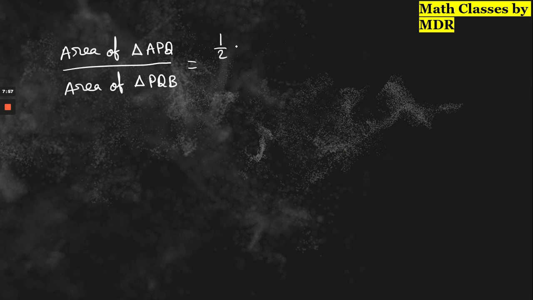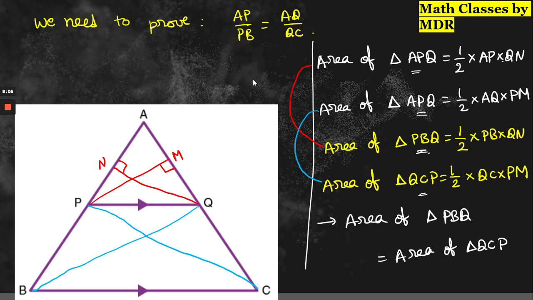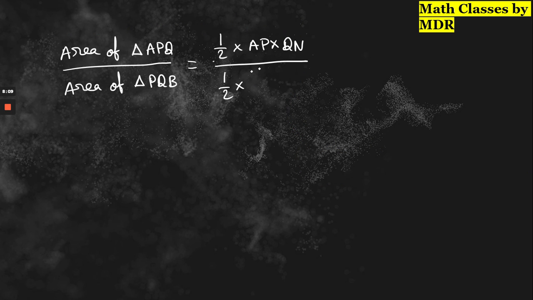What about the area of the triangle PQB? PQB is half PB into QN. Now the half cancels, QN gets cancelled. The ratio of the area of the triangle APQ to the area of the triangle PQB is nothing but AP by PB.